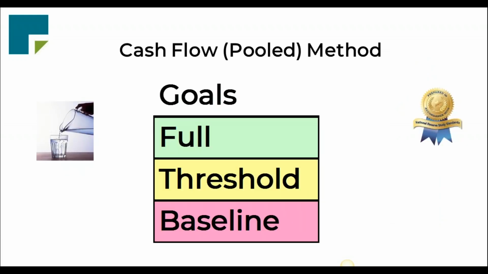This flexibility in the cash flow method allows it to be used to achieve any of the 3 National Reserve Study Standard funding objectives: full funding, threshold funding, or the barely cash positive baseline funding objectives by adjusting the amount of cash held in the reserve fund.